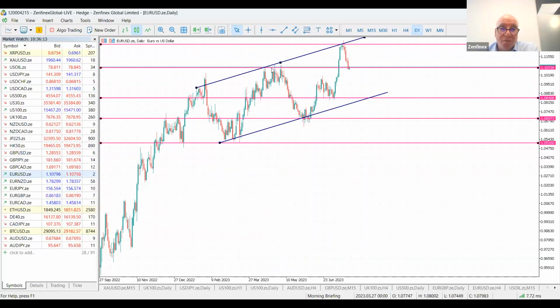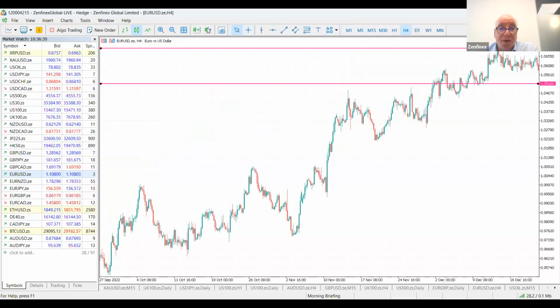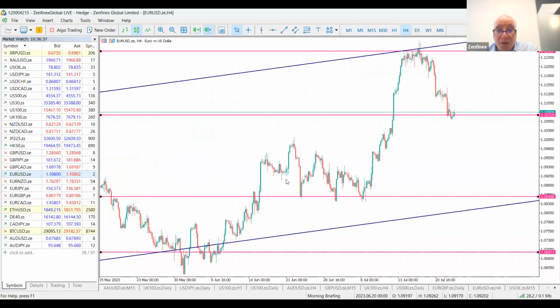We're up and downing in this channel, and where the bottom of the channel and this level interacted, it's staying within this channel, came to the middle of the channel and decided to go up, hit the top of the channel and came back down. Now we're looking to see if there are any levels from a 4-hourly perspective that we need to be aware of.